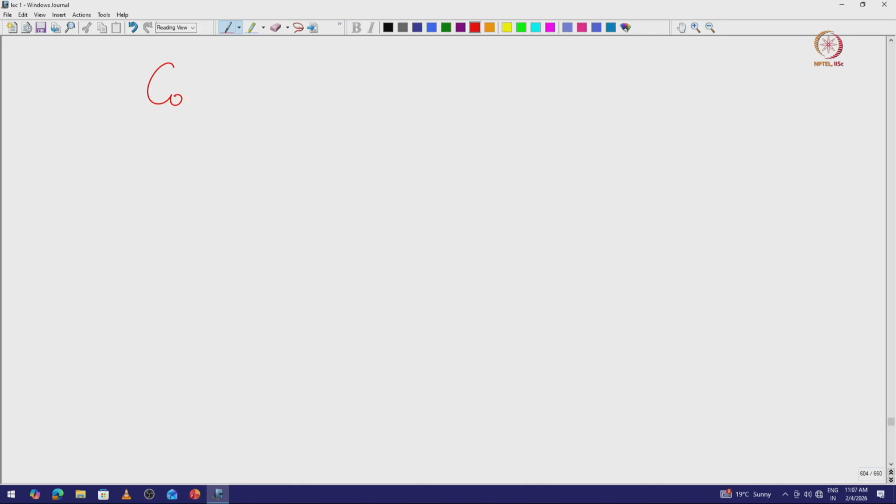So here is the convolution product. The convolution product on CG.